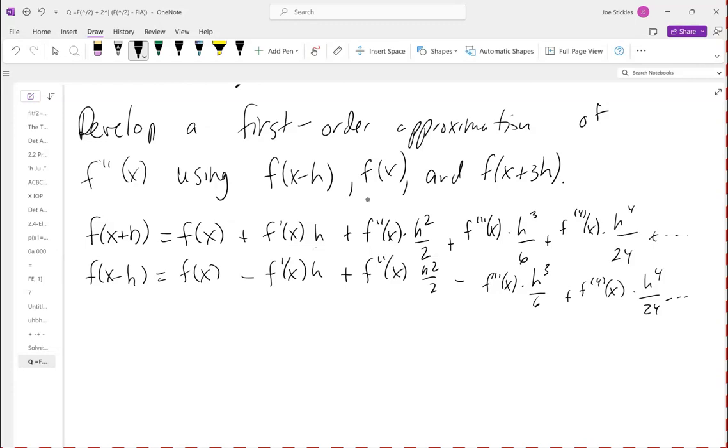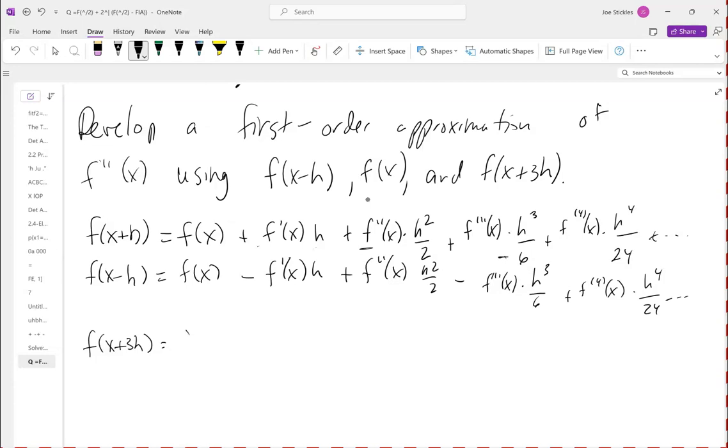Probably want to do the same thing for your x plus 3h, right? So we can actually change something here. What's it going to look like if I do x plus 3h? What's going to change? Yeah, this will be multiplied by 3. This one will get multiplied by 9. This will be multiplied by 27, 81, and so on down the line. You're going to replace h with 3h, and then you'll have those powers of 3 that will come out.